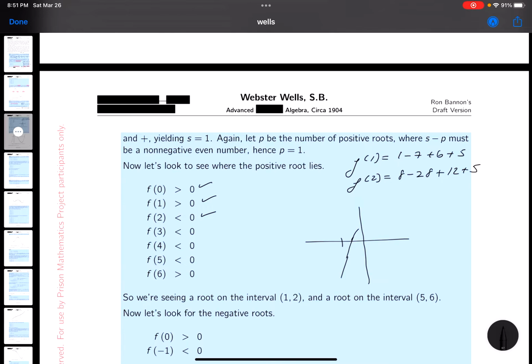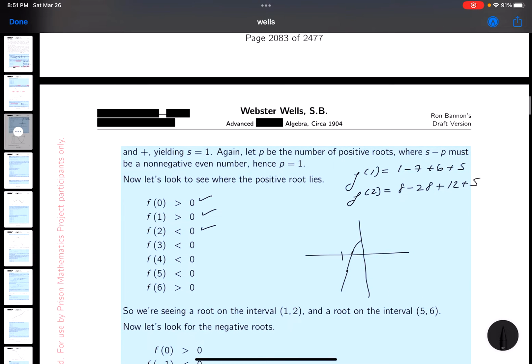And then it comes up here. Again, I'm not saying exactly like this, but it goes through the y-axis. And then what do I know now? I know there's another root, and that root's going to be between 1 and 2. Again, I'm not saying it is exactly like this, but between 1 and 2 I get a root. Now I know it's going to have to come back up because I know it's going to this over here. I know that much, all right?